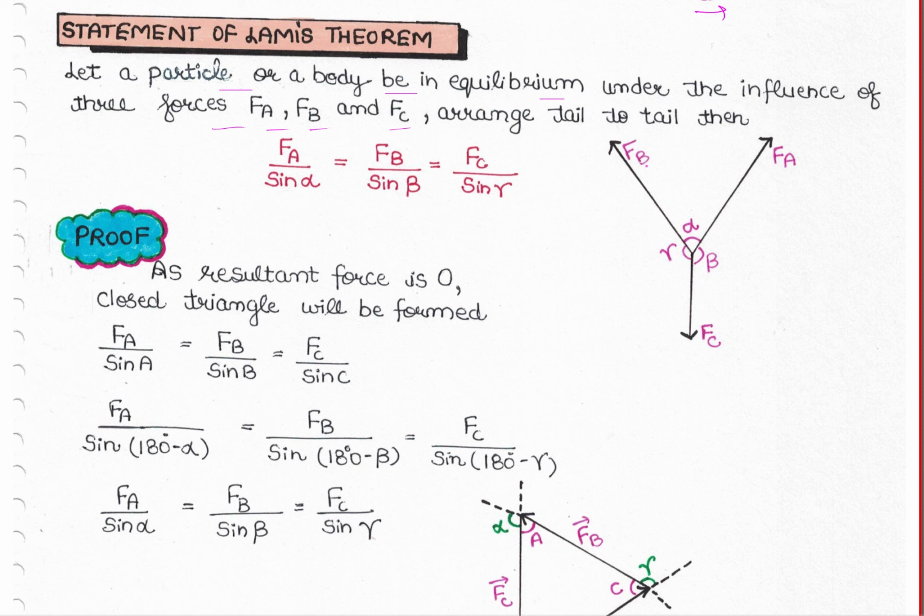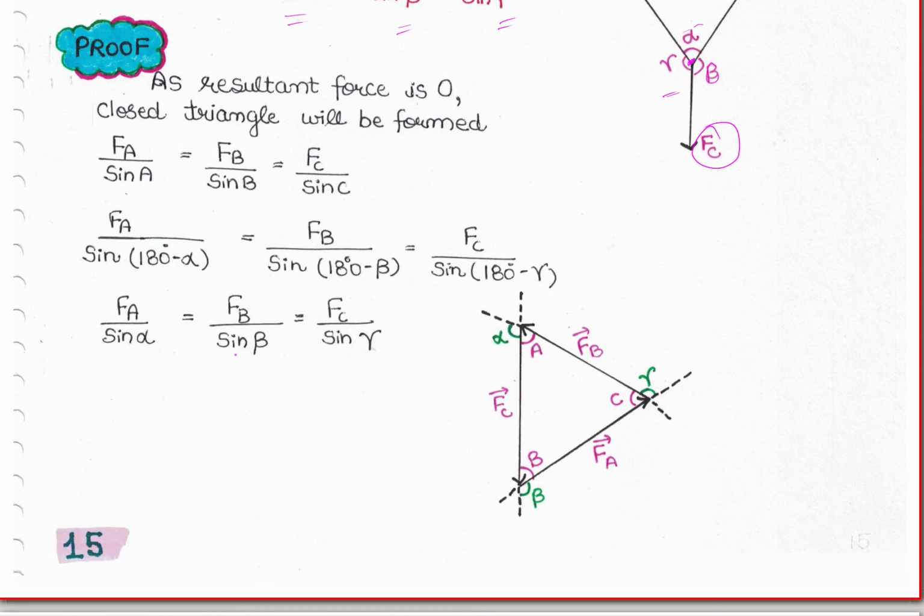This is our Fa force, this is our Fb force, and this is our Fc force, and they are all connected tail to tail, making angles alpha, beta, and gamma with each other. So you can write Fa by sin alpha is equal to Fb by sin beta is equal to Fc by sin gamma. And here are the proofs.